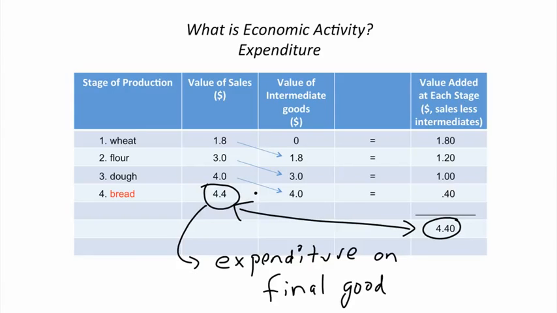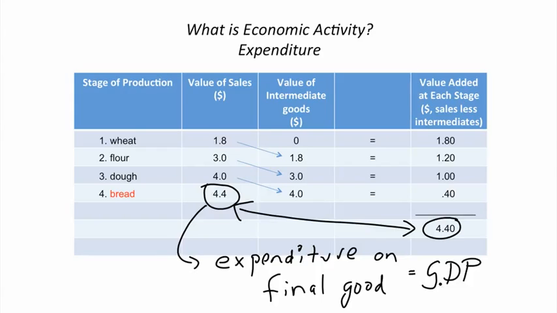In other words, if we wanted to think about economic activity not in terms of the flow of production, but in terms of the flow of expenditure on final goods and services, that is another way of measuring gross domestic product.